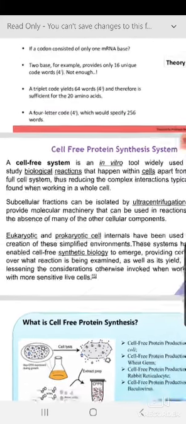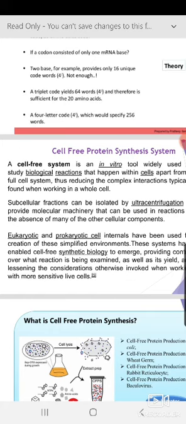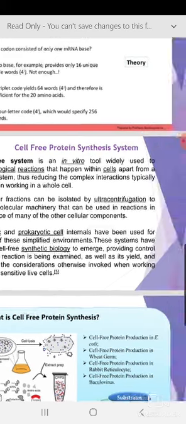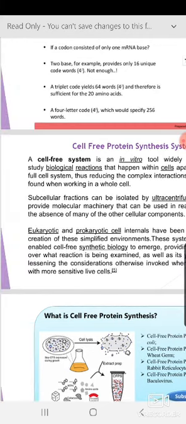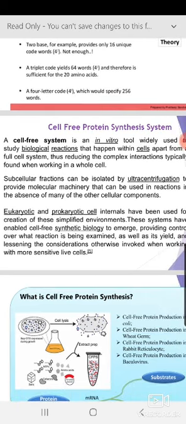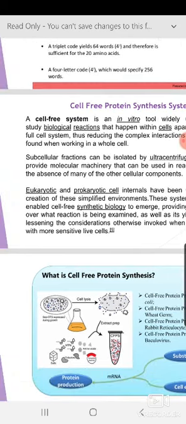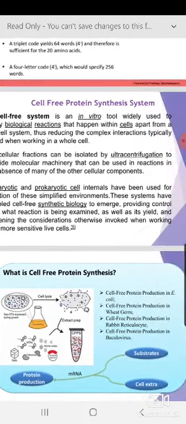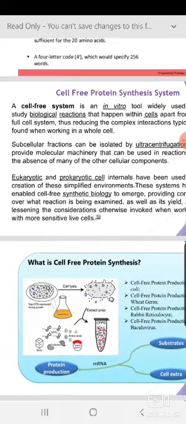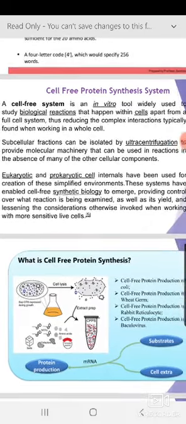Subcellular fractions can be isolated by ultracentrifugation to provide molecular machinery that can be used in reactions in the absence of many of the other cellular components. I will show you. Eukaryotic and prokaryotic cell extracts have been used for creation of this simplified environment.